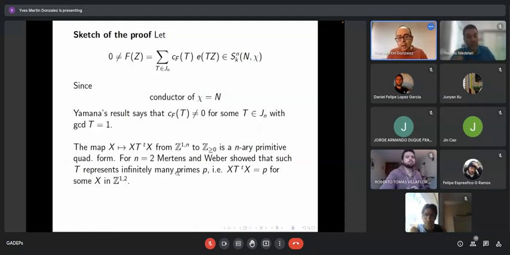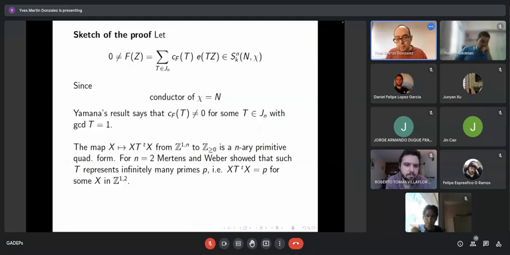That is to say, there are tuples n1 and n2 in Z^2 such that x times t times x transpose gives you a prime p. So this is a very classical result, and I looked for the generalization to any n.